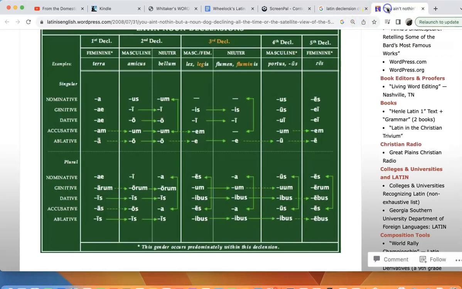Now remember, this grammar chart isn't something that Romans used, and there's always exceptions. So these are the basic patterns, because with iter, when you look at third declension accusative singular, you think, well, wait a second, Dr. Thomas, it doesn't end in -em. Well, there's always exceptions, but by and large, if you can learn this, you're going to be really successful in Latin and reading original Latin text.